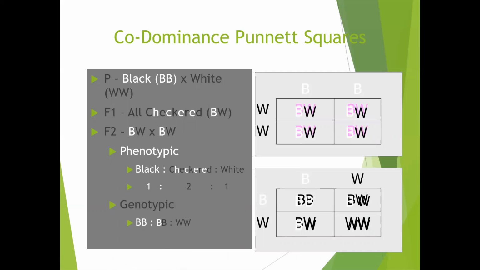And our genotypic ratio, homozygous with the 2 dominant alleles, 1, heterozygous 2, and then those 2 white alleles is 1 as well. So the Punnett squares are very similar to what we did in the regular Mendelian genetics. It's just the way that they're expressed is different.